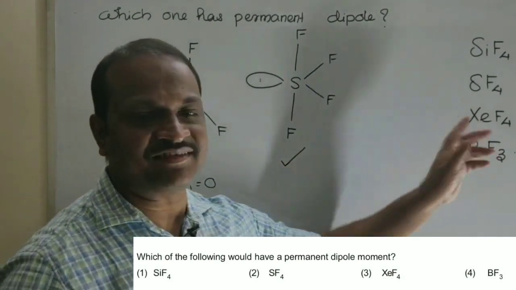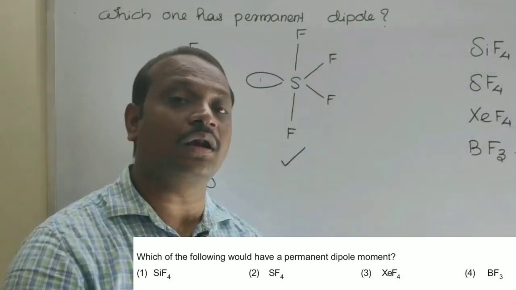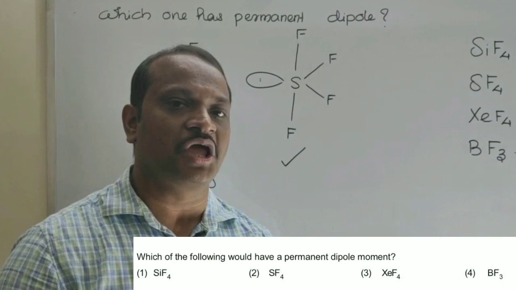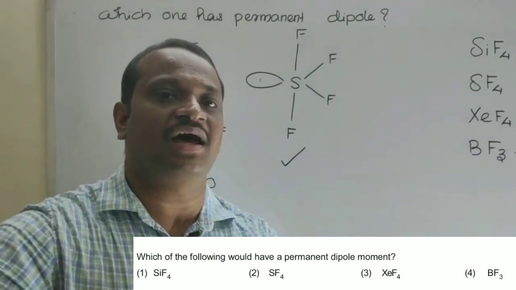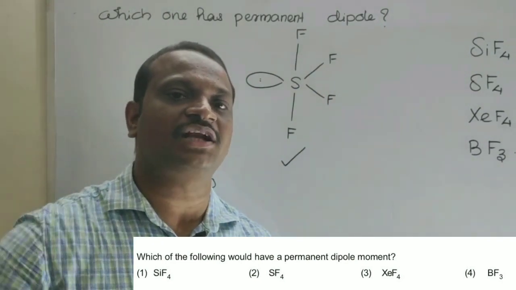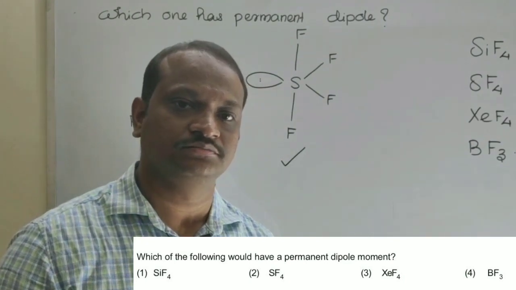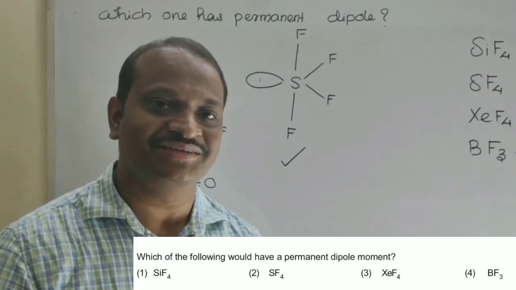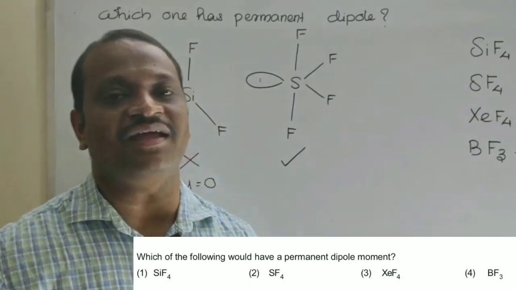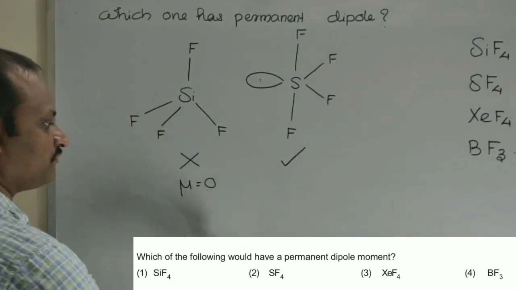And what about XeF4? I have told in an earlier problem what the shape of XeF4 is. XeF4 is square planar, in which all the fluorine atoms are at the corners of a square. Corners of a square itself says that they are getting cancelled by each other. But still I'll draw the shape of XeF4.